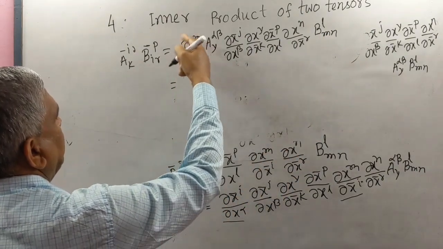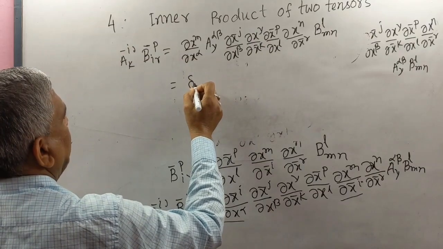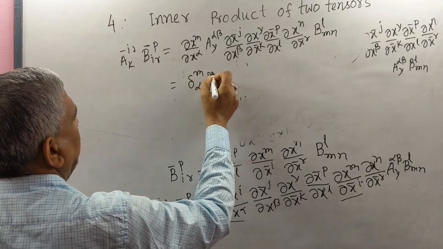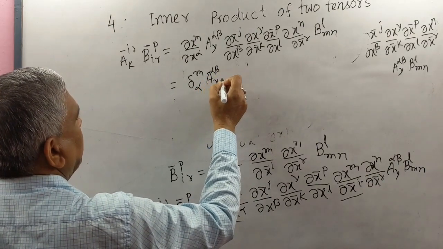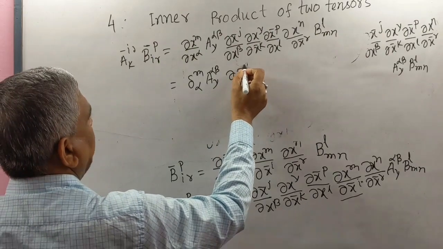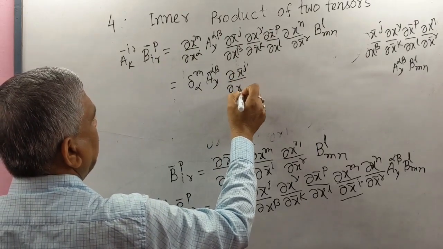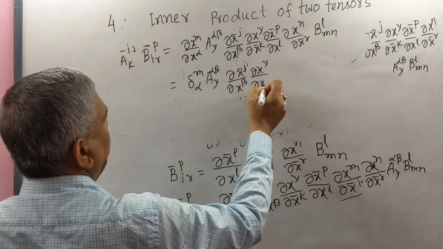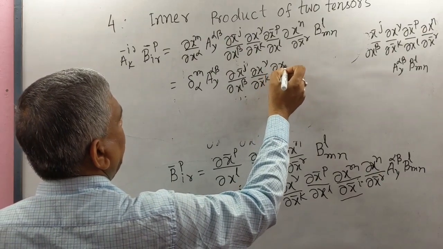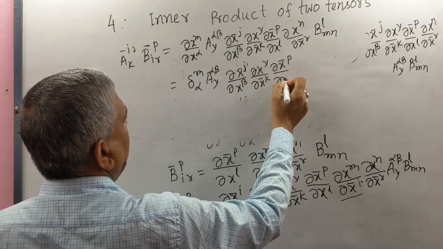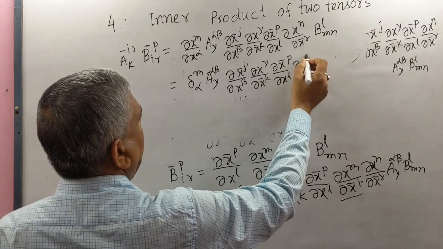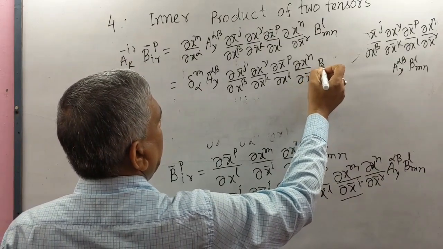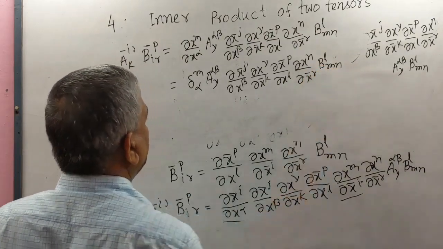We may also write this as Kronecker delta m alpha, A alpha beta gamma, del x bar j by del x beta, del x gamma by del x bar k, del x bar p by del x l, del x n by del x bar r, B l m n.